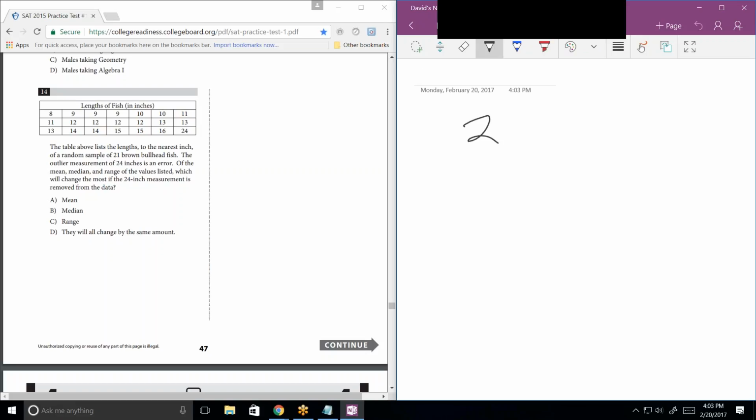Got 21 measurements. It's going to be the mean.